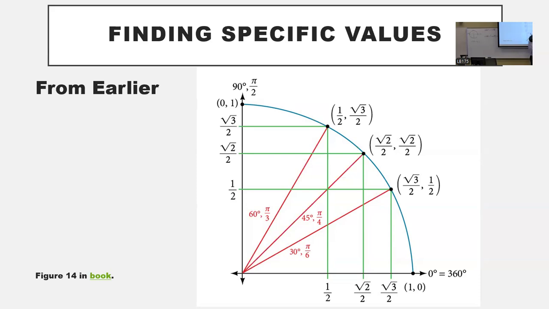And if I did sine of 60 degrees, I should get √3/2. Or if I did cosine of pi/3, I should get 1/2. Sine of pi/3 should give me √3/2.